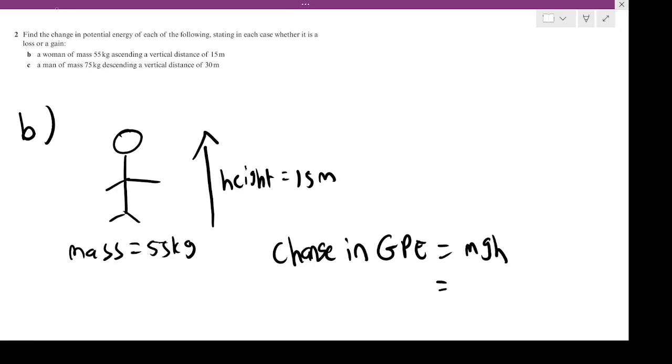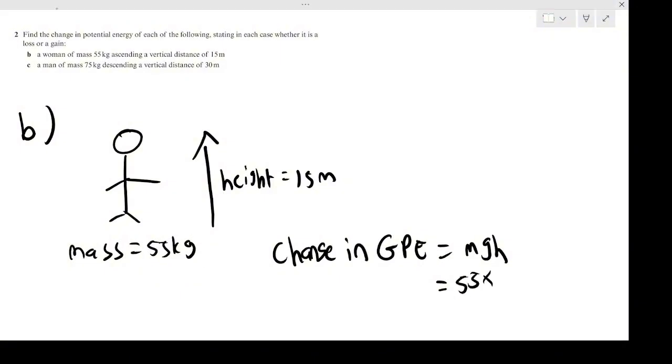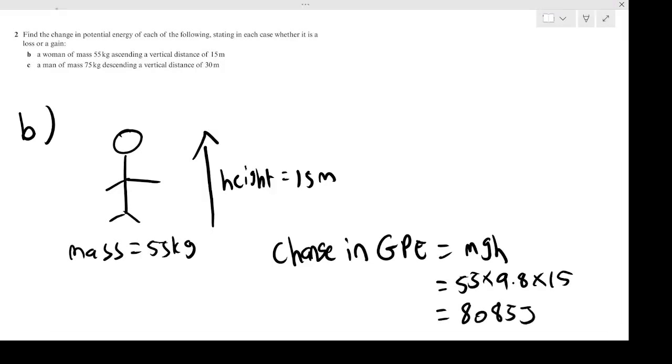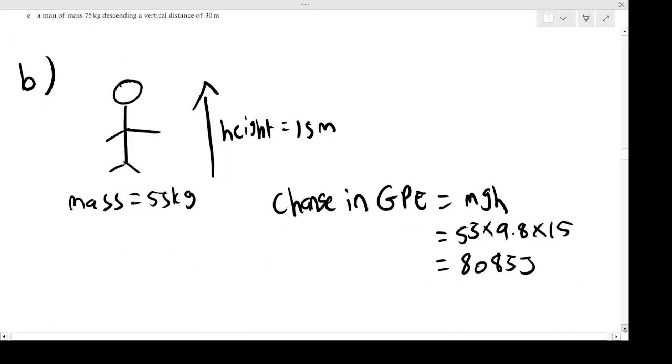We know that the mass is 55, g is 9.8, and the height we've gone up is 15, so times 15. Very simply, put all that in the calculator, and we get 8,080 joules. And that is my change in GPE.